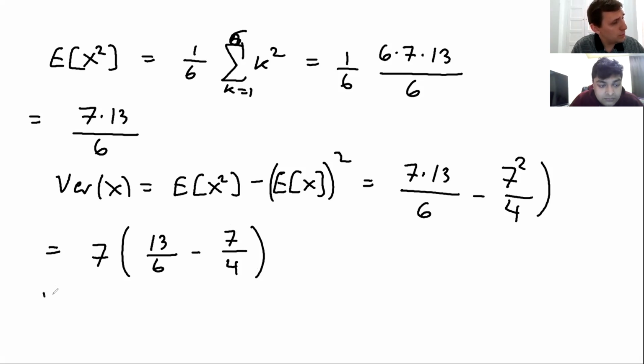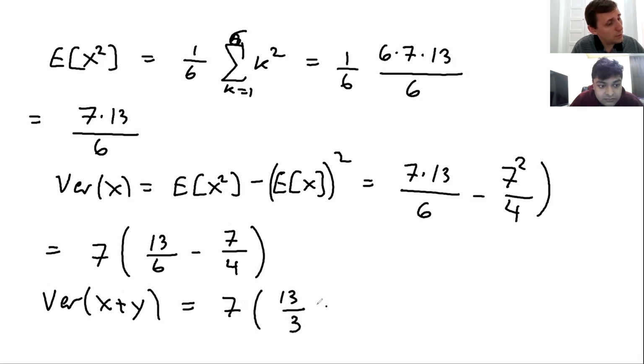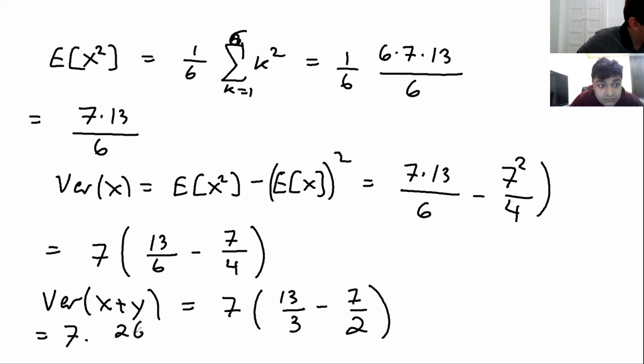So variance of X plus Y is 7 times 13 over 3 minus 7 over 2. And so what you get is 7 times 26 minus 21 over 6.